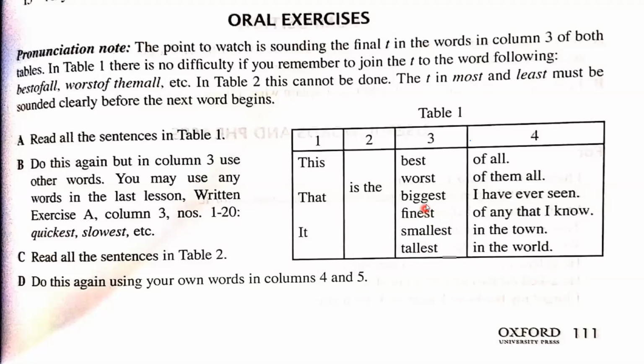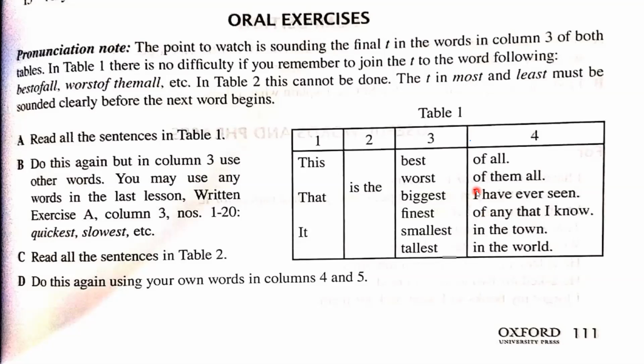And as you are well aware, when we use the superlative degree of an adjective, we always keep "the" with it, so it is given. We never compare the superlative degree with a single one, but with many. So look: of them all, I have ever seen, of any that I know, in the town, in the world.